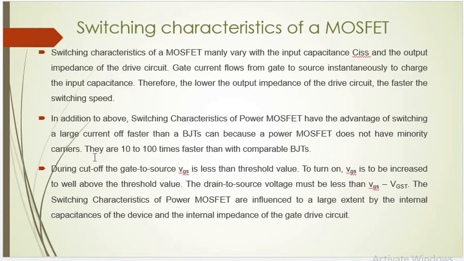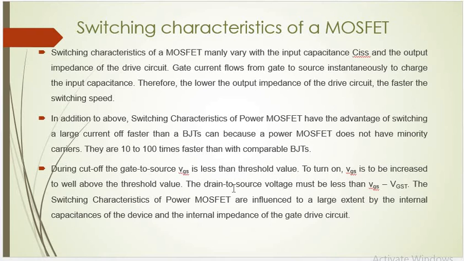So during cutoff, the gate to source voltage is less than the threshold voltage. To turn on, the VGS has to be increased well above the threshold voltage. As we mentioned in your SCR, after attaining the latching current, it is going to turn on. Similarly, in MOSFET, during cutoff the gate to source voltage is less than the threshold voltage, so to turn on your MOSFET, VGS has to be increased well above the threshold value.